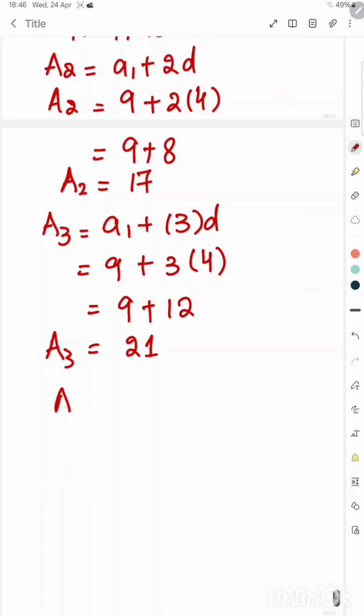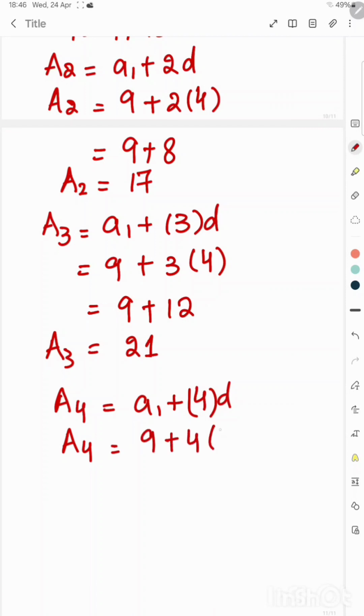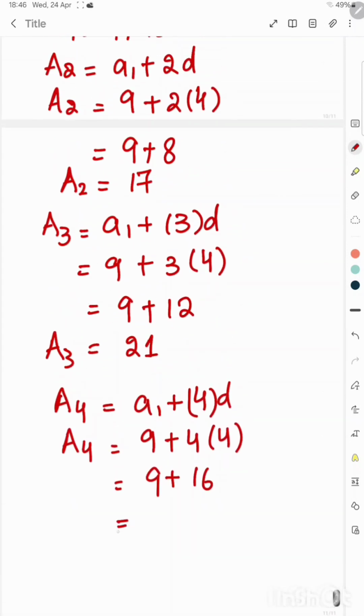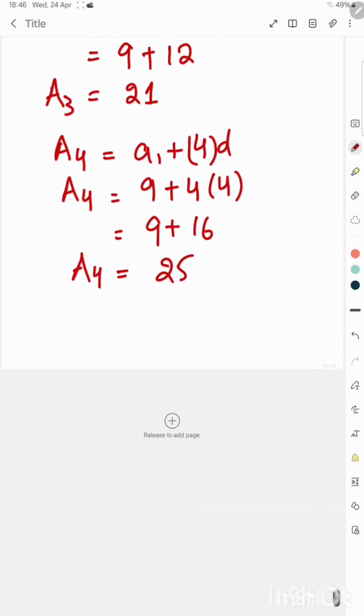Similarly, we have to solve for the fourth arithmetic mean, which is equal to A1 plus 4D. So here we get 9 plus 4 4s, which is 16. So we get 16 plus 9 is equal to 25, which is the fourth arithmetic mean.